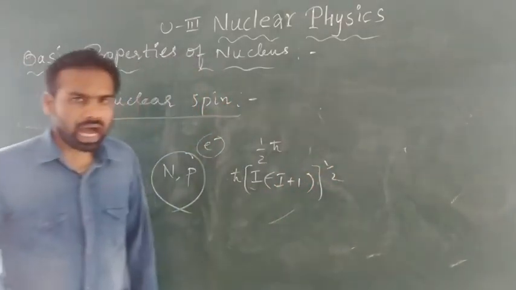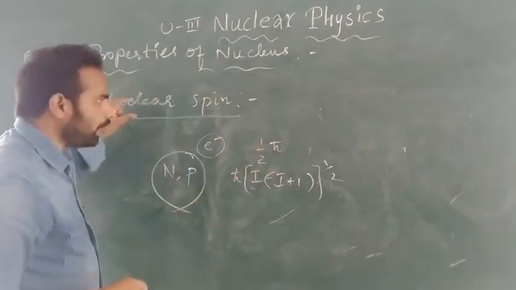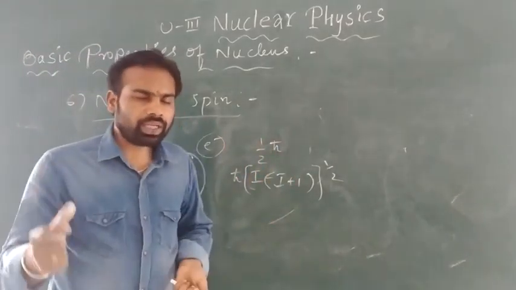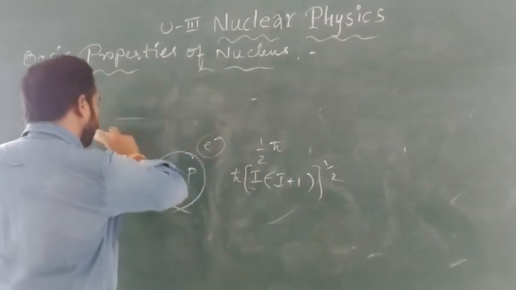This is the total orbital angular momentum quantum number. Like this, the nucleons have the spin.